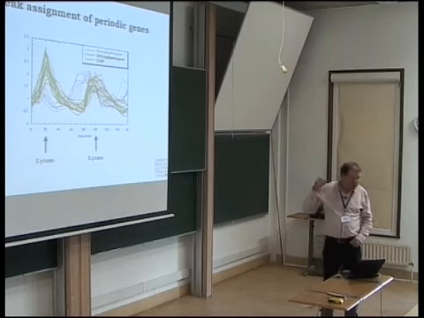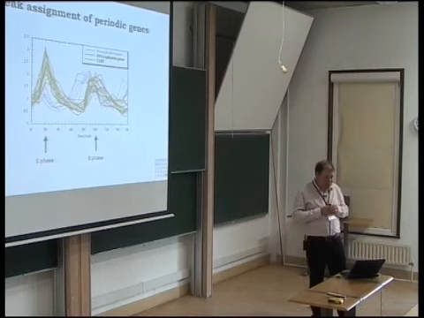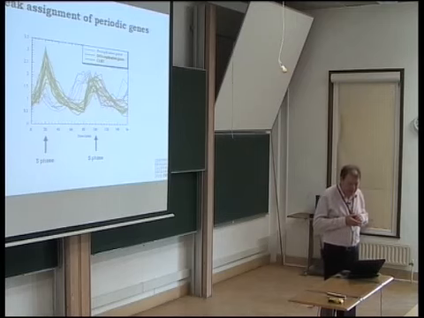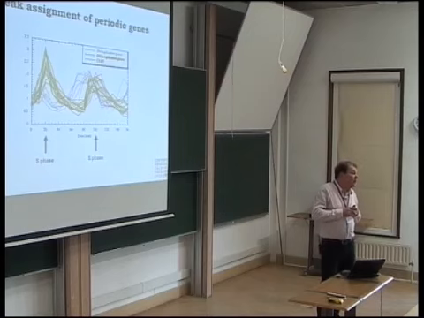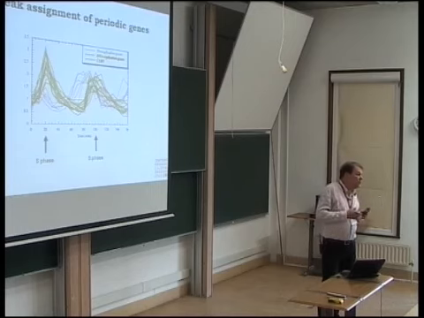So the Fourier analysis of these data is of course important in identifying from any given genome, for example the yeast genome, which of the 6,200 yeast genes are periodic.